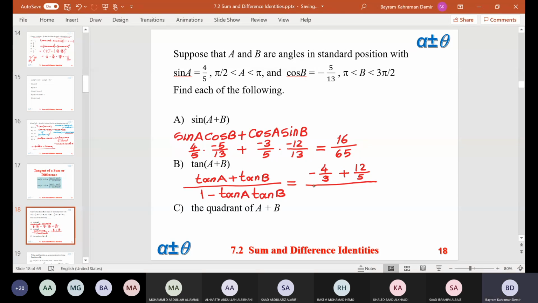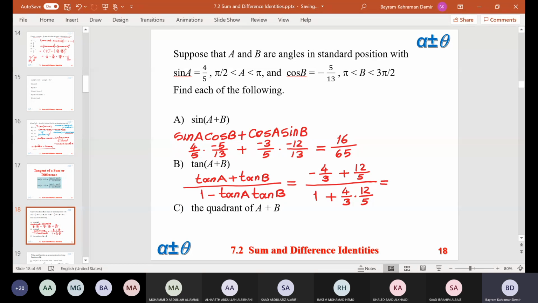Okay, and then it will be 1 plus, right? Because minus tangent A, and tangent A is also negative, so it will be plus 4 over 3, right, Shabab? Times 12 over 5. Now we can simplify. 12 over 3.